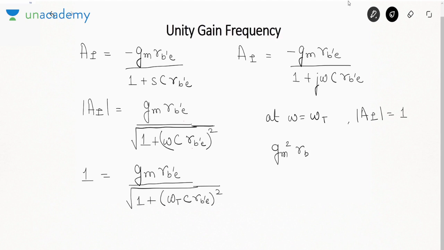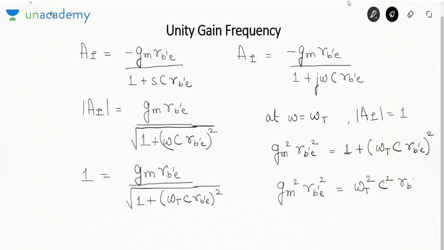GM square RB'E square is 1 plus omega T C RB'E whole square. Now if 1 is very small as compared to the term on the right hand side, you can say GM square RB'E square is omega T square C square RB'E square. This gets cancelled. So omega T is simply GM by C.